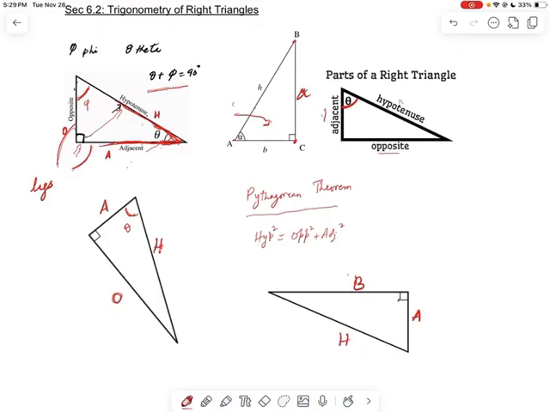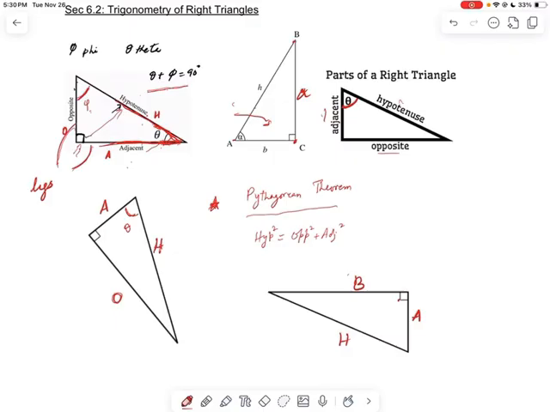The side that is opposite to your given angle theta will be called the opposite, and the side that is adjacent to the angle, one of the sides which makes up the angle along with the hypotenuse, is called the adjacent side.